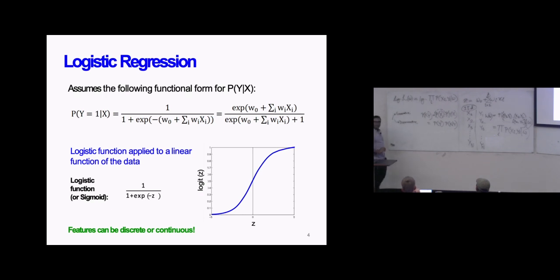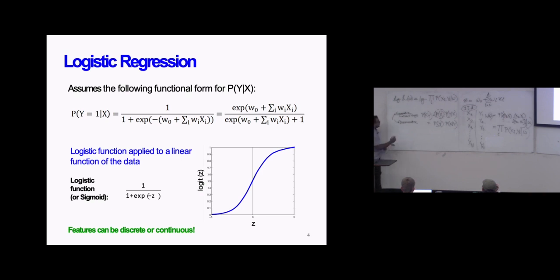Right? And remember, which one was the generative model? Naive Bayes. Because we actually explicitly estimated these probabilities there. Right? How the data was generated.